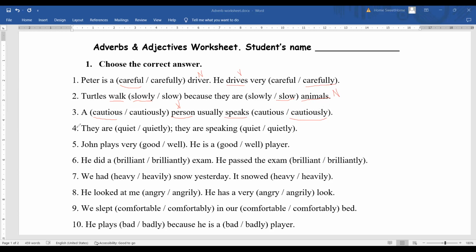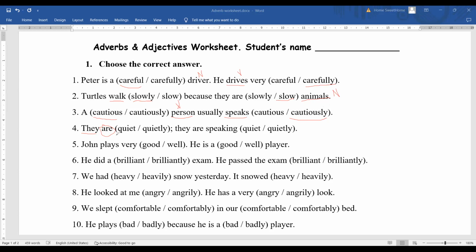Number 4, they are quiet or quietly. Think what we describe. The verb to be here is not an action verb, so we are not describing to be, we are describing they. You have to be very, very clear here.